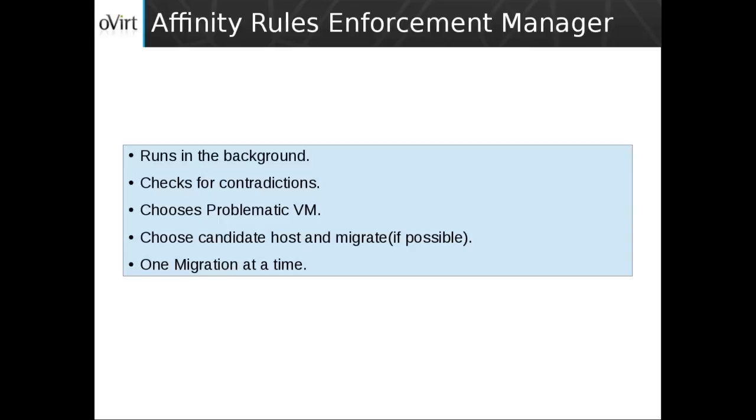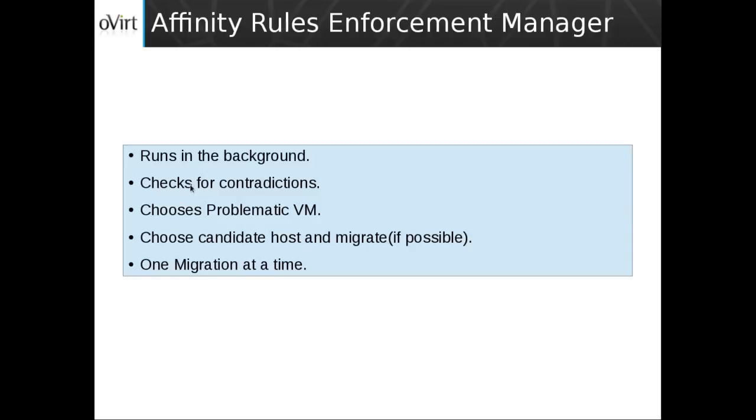So how does it do it? That's basically the way it works. It runs in the background, and at each interval of 5 minutes, it tries to check for contradictions using the UAG algorithm I showed you in the previous slide. If it doesn't find any contradiction, then it waits for the next interval.